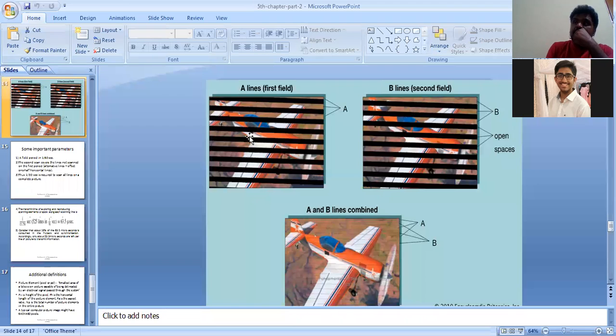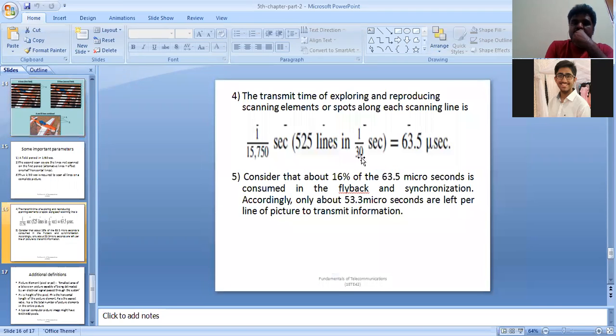If 30 frames are transmitted and displayed in front of you in 1 second, then only will you have a feeling that it is video. So that's why 1 in 30 second. I'm sorry, in 1 second, there has to be 30 frames.